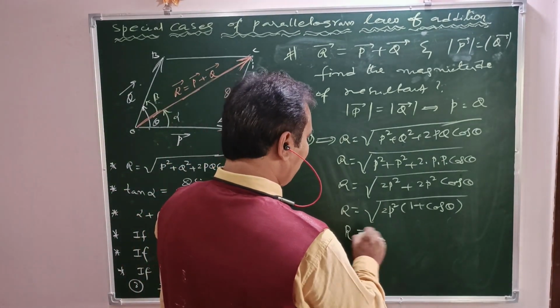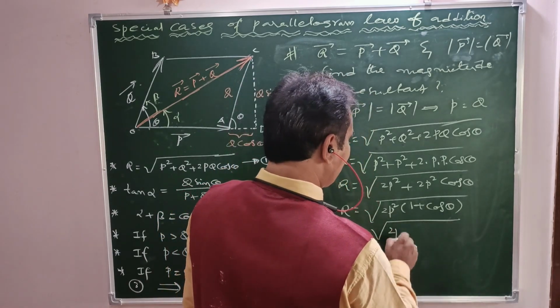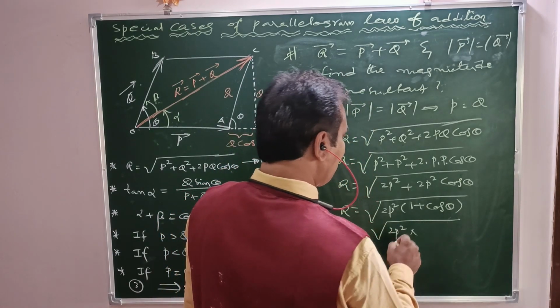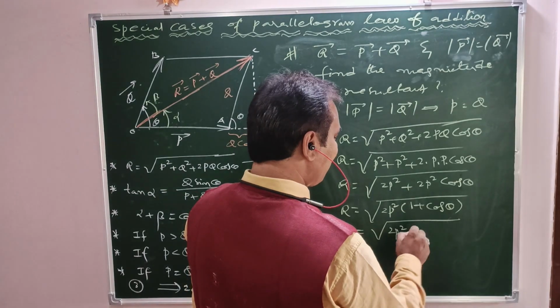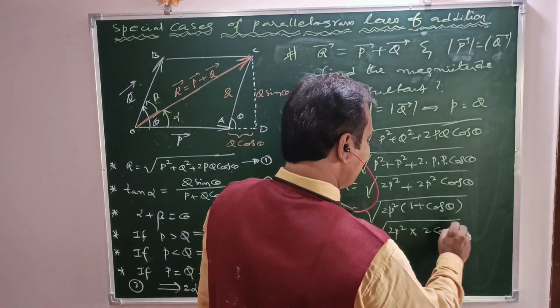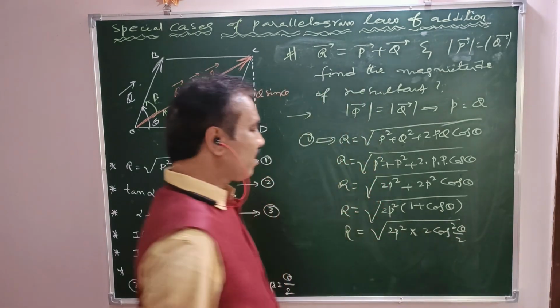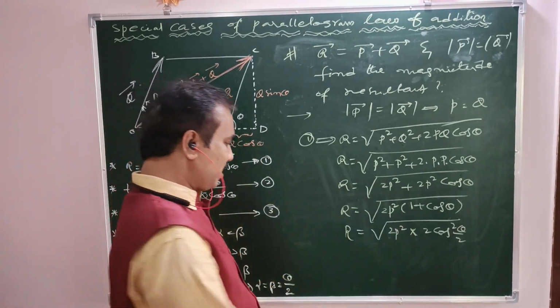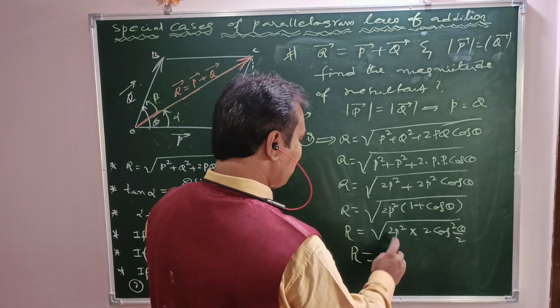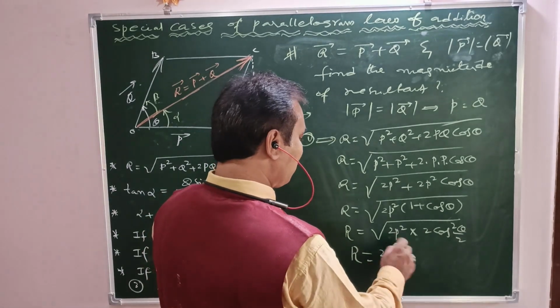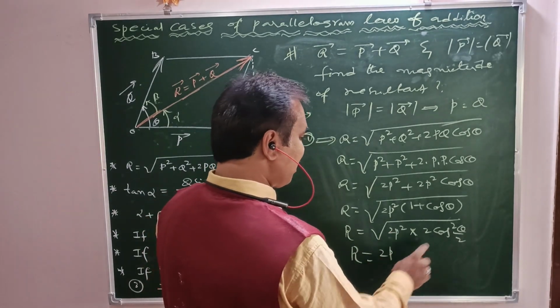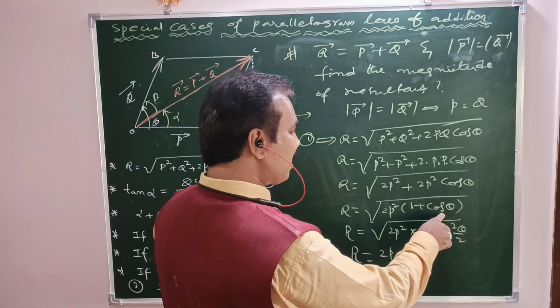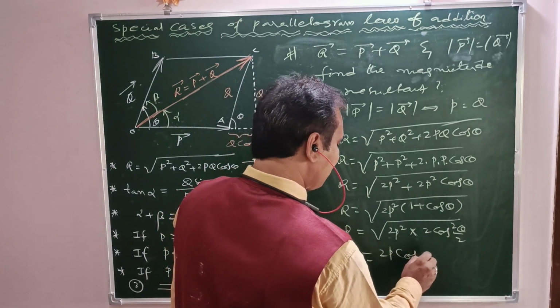So R equal to root over 2P square into 2 cos square theta by 2. 2 into 2 is 4, under root that is 2. P square under root is P. Cos square theta by 2 under root is cos theta by 2.